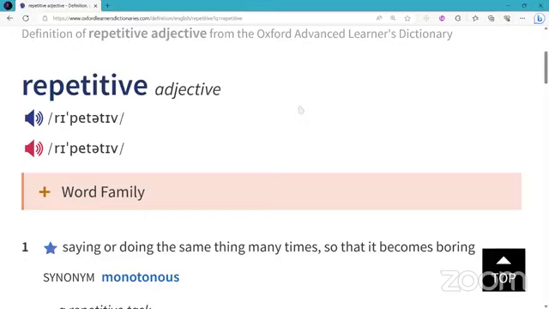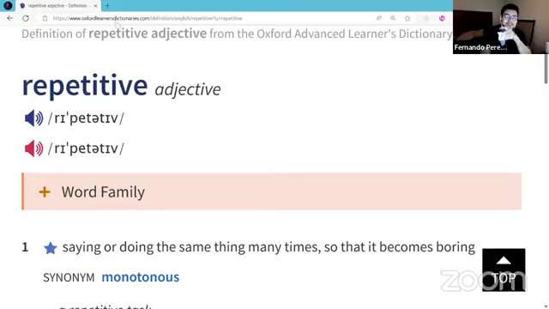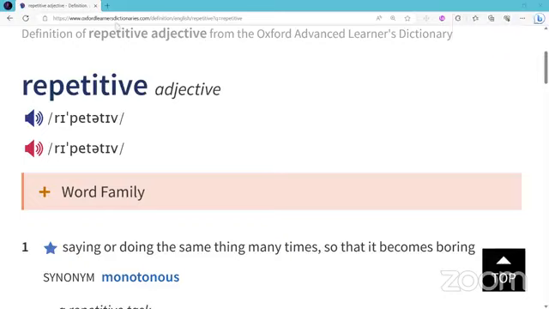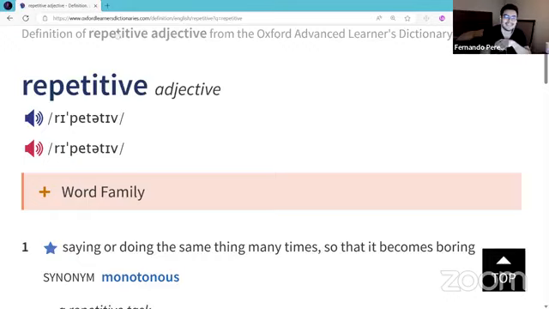For example, when we use frequency words, for example, always, I run, or I always run in the morning. The word always gives you that meaning, right? Nice. That's correct. There is another one in the same topic.